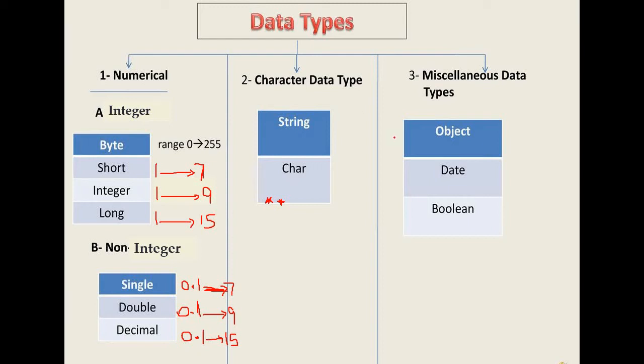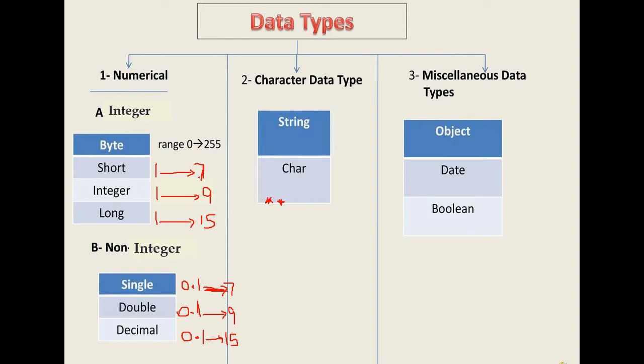So once again, let's take a look at the data types. Number 1 is numerical, number 2 is character data type, and the third one is miscellaneous data types. Numerical consists of integer numbers, so they are all whole numbers, but they are different types. Like the byte, it has a maximum value till 255.